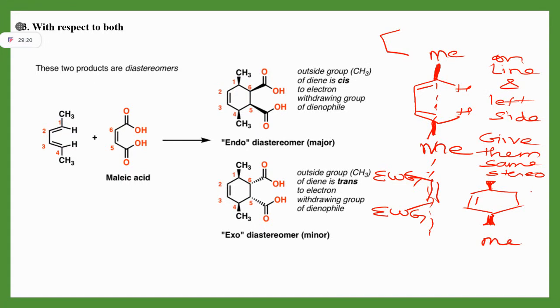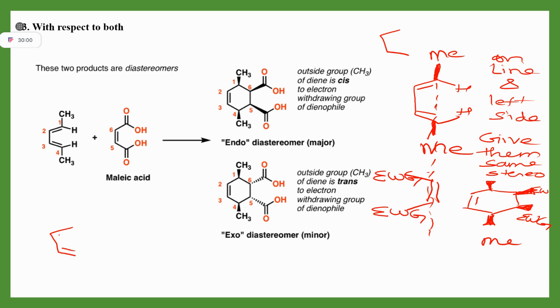Now, can anyone tell me where this COOH group will be, wedge or dash? Quick. I'm again telling, whatever substituents are on the line and left of this line will have the same stereo. Understood? We will solve some problems, then you will know this. Yeah, I got it. So if you got it, just tell me.